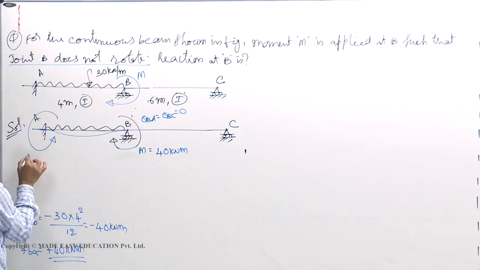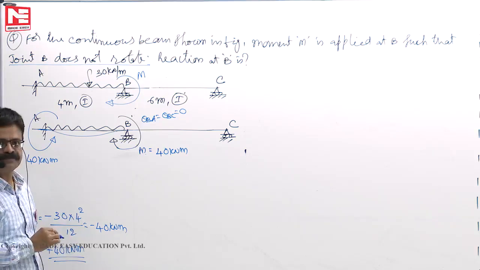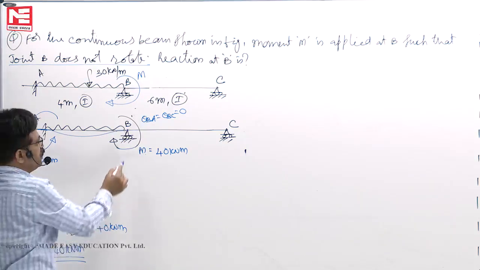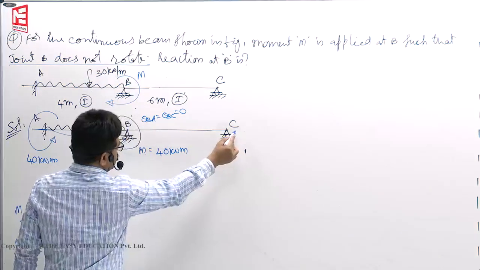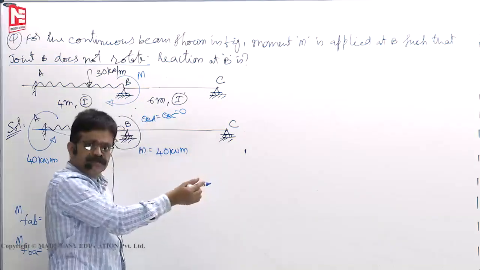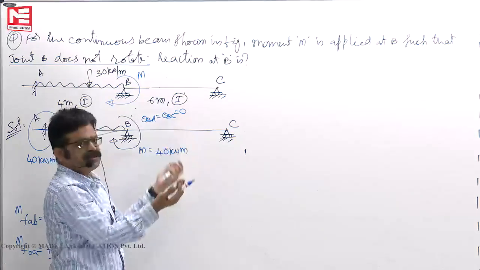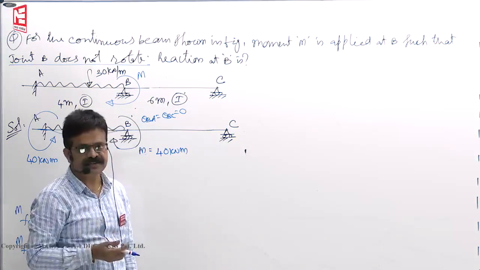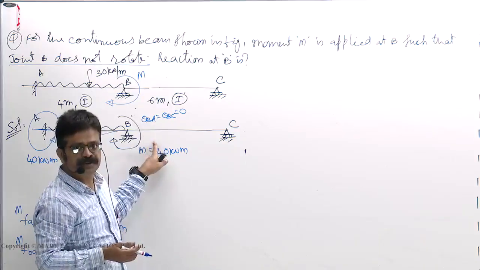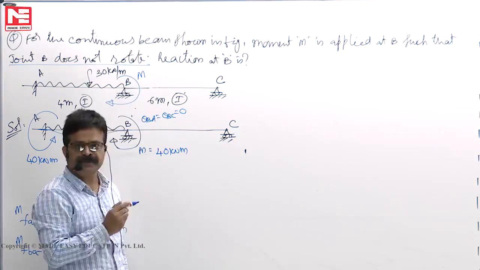Here also MAB must be 40. Otherwise slope will not be 0. Here also slope will not be 0. Once this is a straight line, if at all it rotates, then some moment should be required to rotate it. It's not rotating means you didn't apply any moment, because if at all a fixed support is there, then naturally whatever moment you apply, slope will be 0.